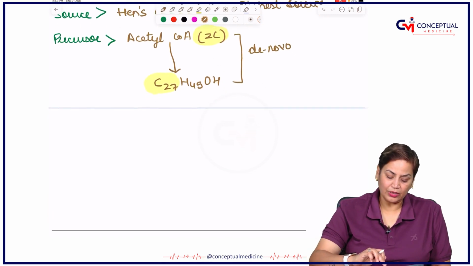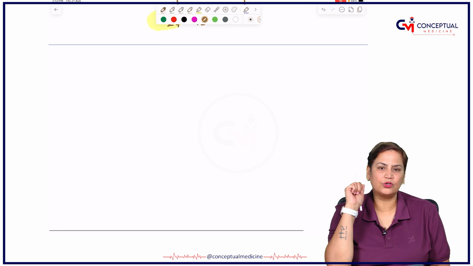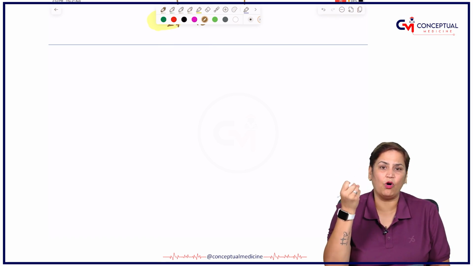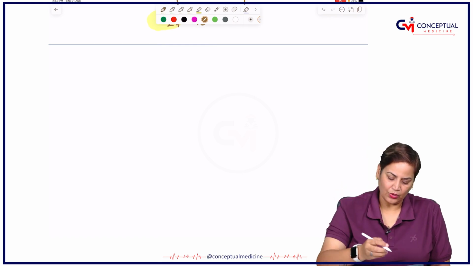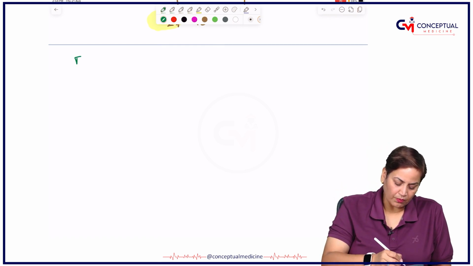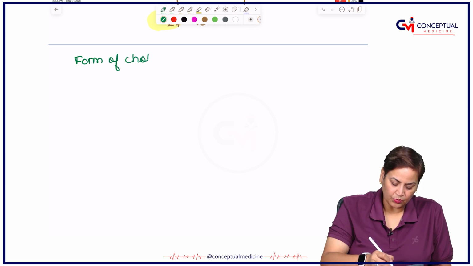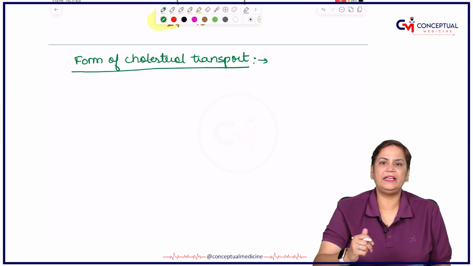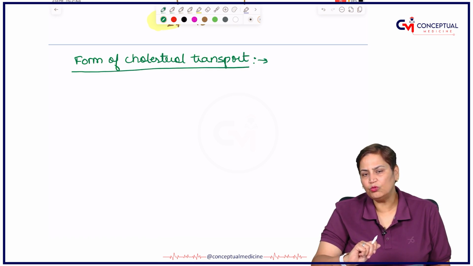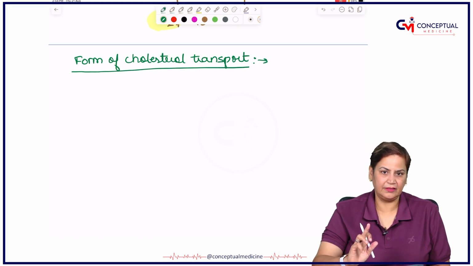One thing I have told you is that we get cholesterol from the diet also. Now in what form is cholesterol transported in the body? The major chunk of cholesterol moves in the form of ester.